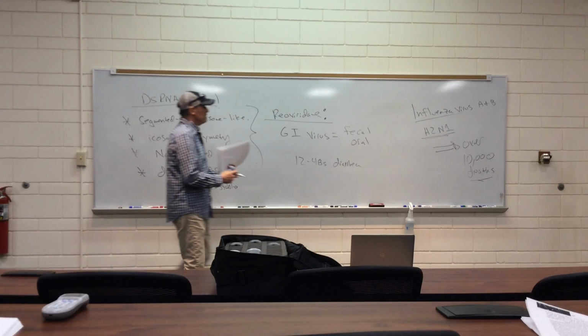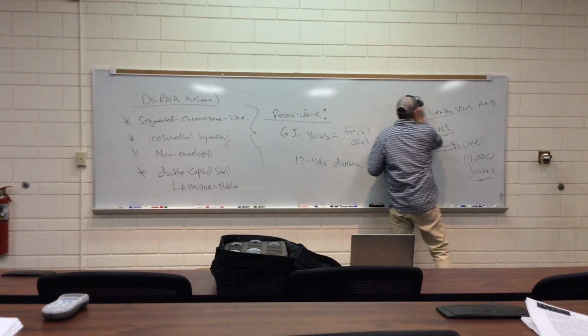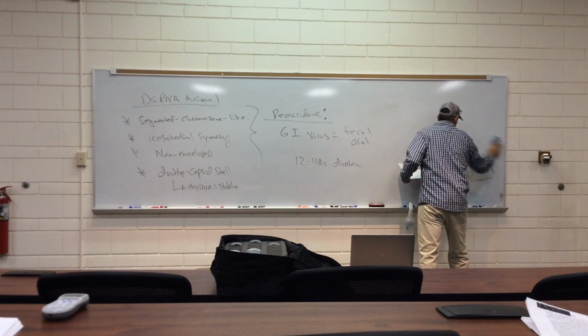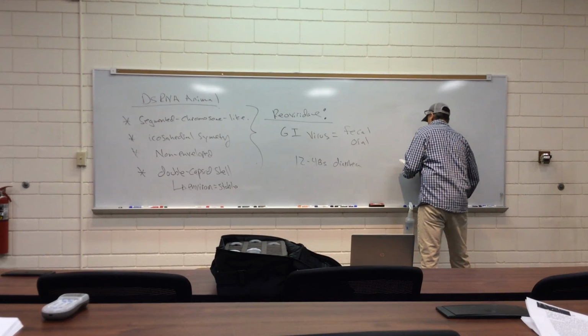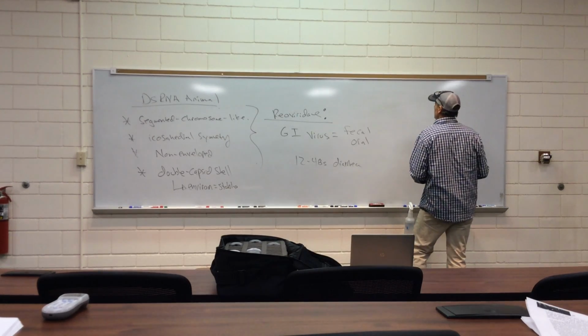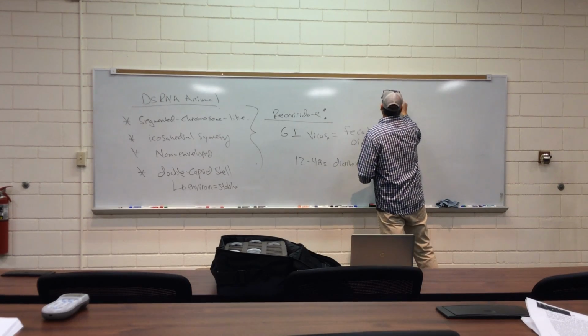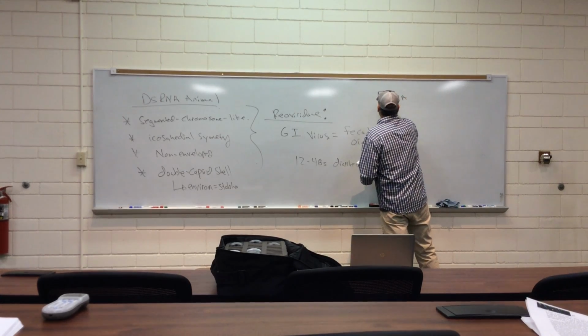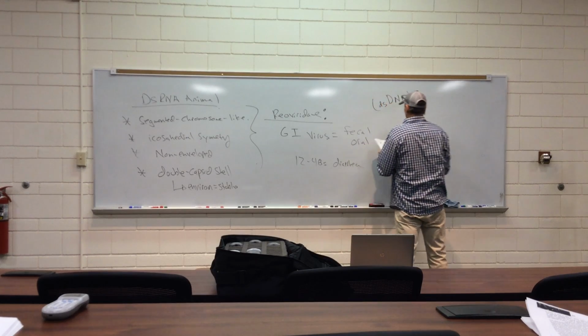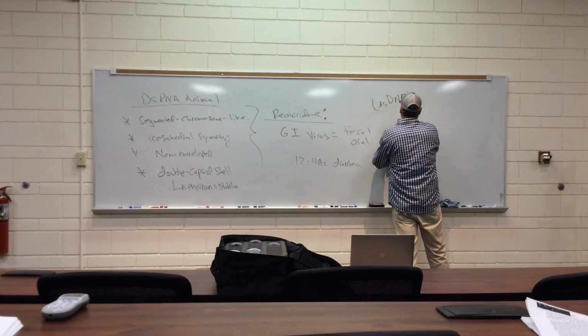And one of the last ones we'll leave it on today is that wonderful Poxviridae family. So we're moving into the DNA world. We'll go straight to those normal double-stranded DNA animal viruses.